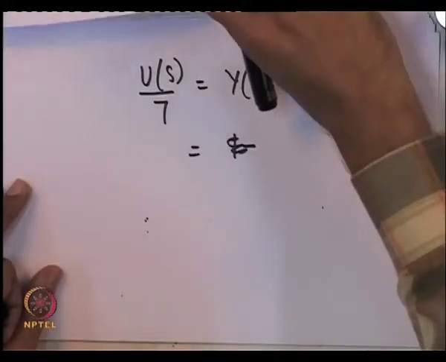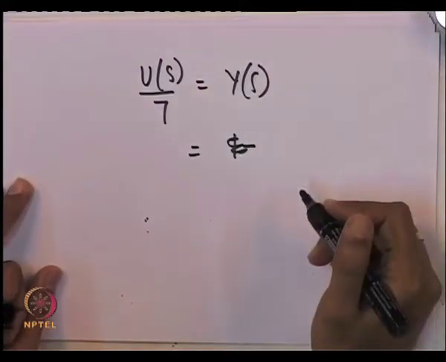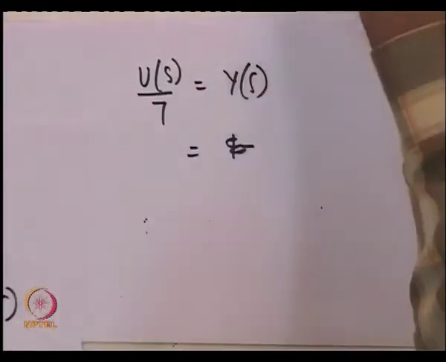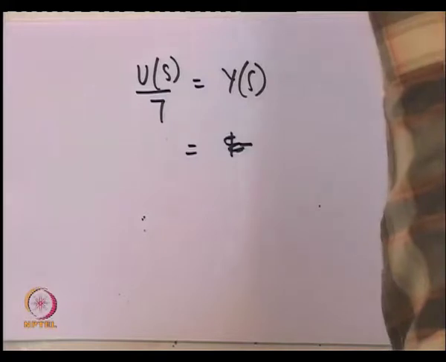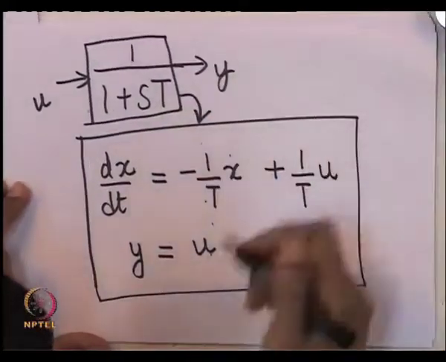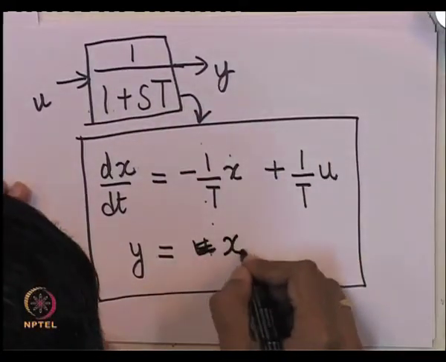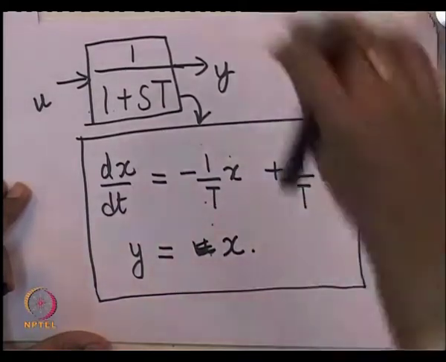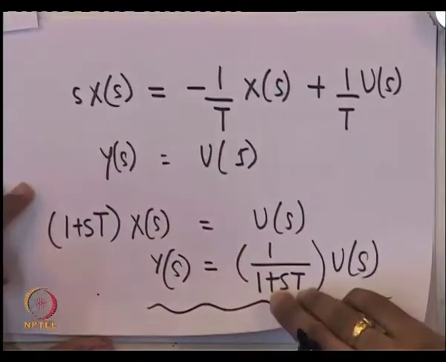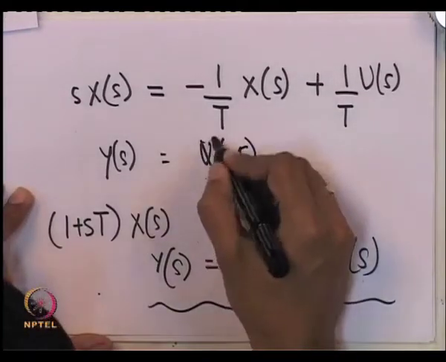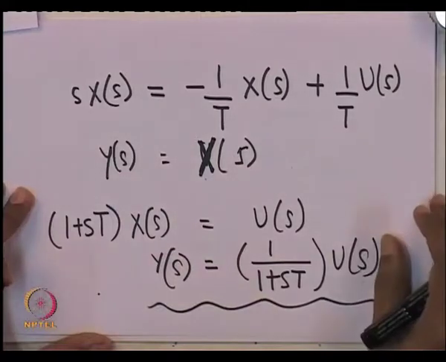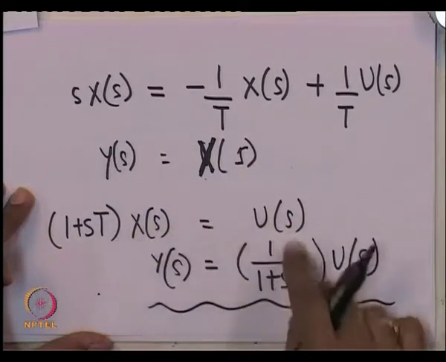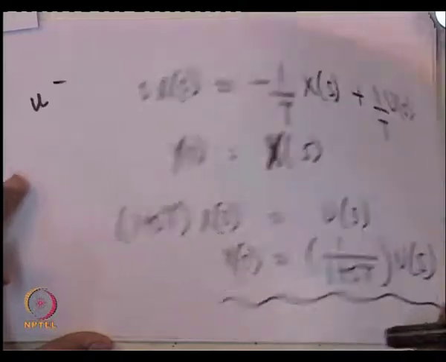We will just redo this. There was one small error which I made in our previous slide; this should have been x. So, please note this error. This should be x of s. Okay. In that case, of course, you will get this particular relationship.